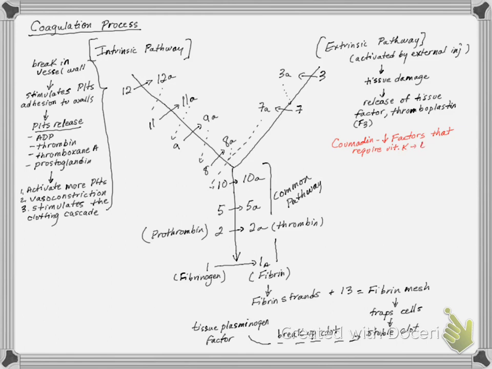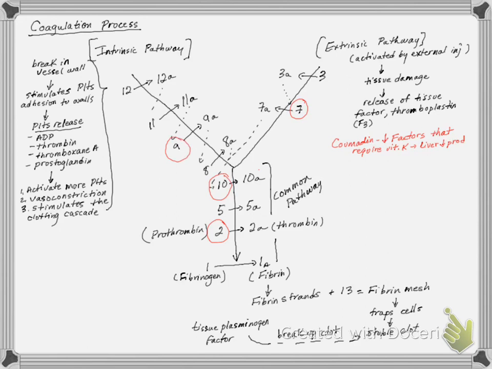So the liver can't make it. So it's going to decrease production of those factors, because the liver needs vitamin K in order to produce those. So what are the factors that require vitamin K? Well, that would be 7 and 10 and 2. And 9, I believe, yep.